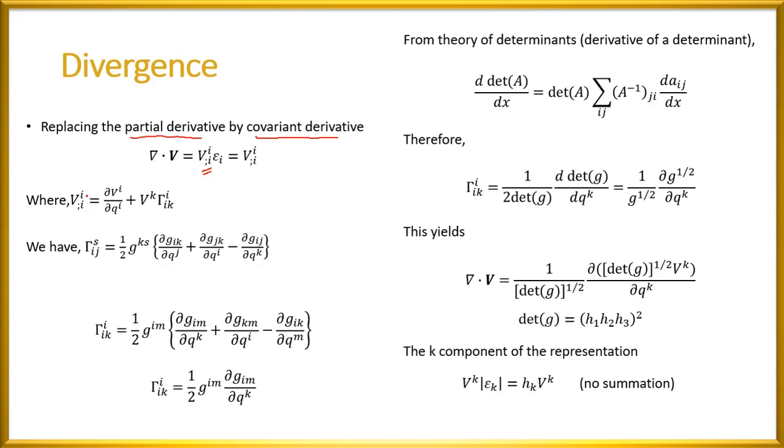Here we have both the indices the same, so we can replace all the j's with i and write it as partial derivative of Vi plus Vk into gamma iki. We know the expression for gamma, the Christoffel symbol of second kind, can be written as a partial derivative of the metric tensor. Therefore, we can write it in this combination.